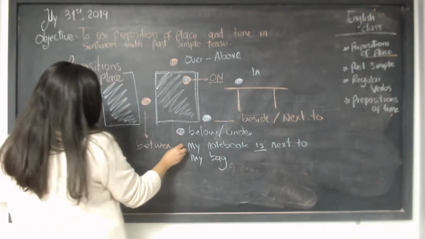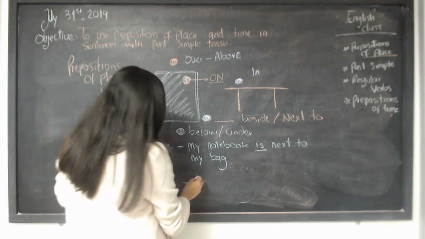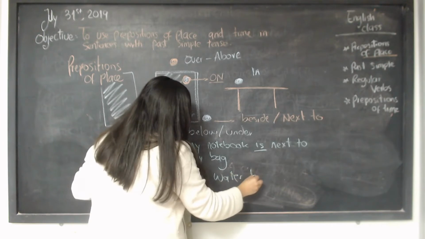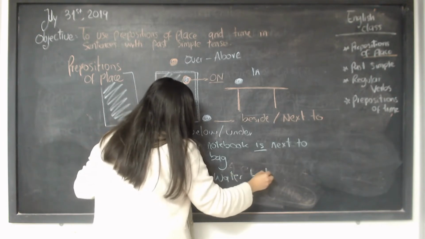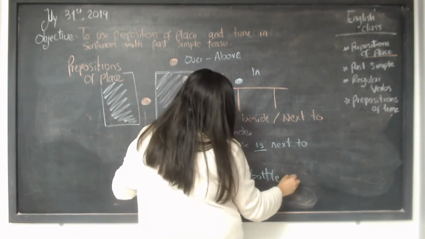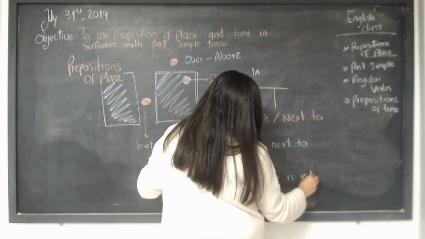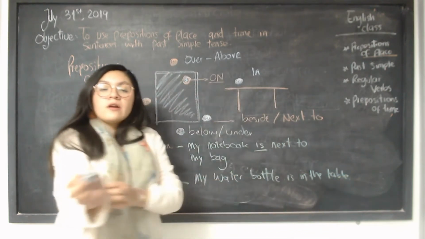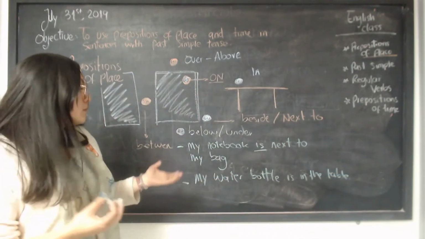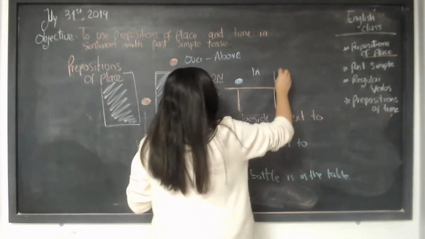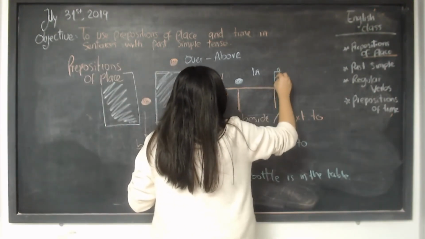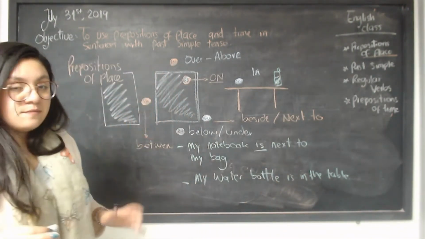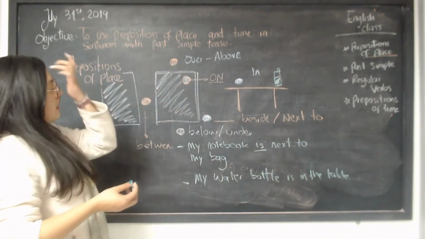Let's make another one. This one. My water bottle is in the table. Mi botella de agua está en la mesa. So I have to put the water bottle here. Okay? Está encima o en la mesa. Okay? We have another one.